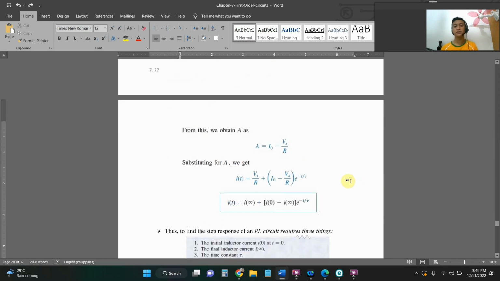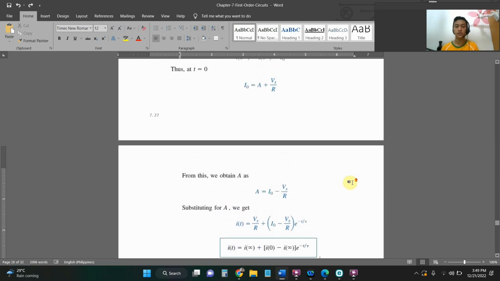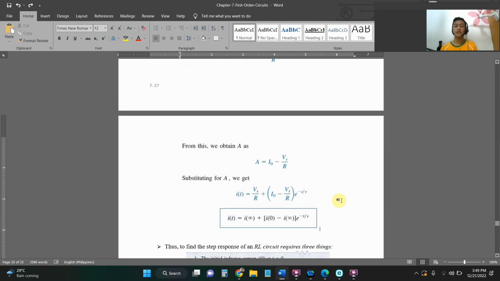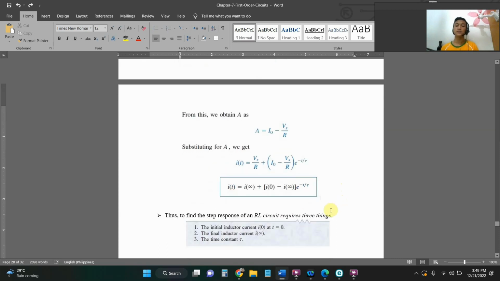From that previous equation, we obtain A equals I0 minus Vs/R. Substituting A, we get i equals Vs/R plus (I0 minus Vs/R) multiplied by e^(-t/tau).